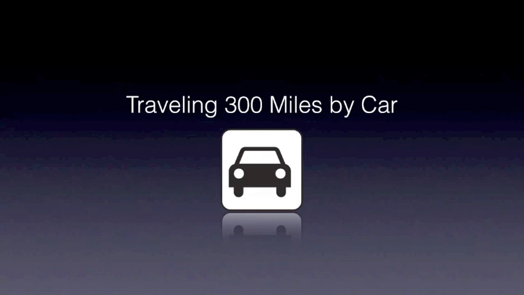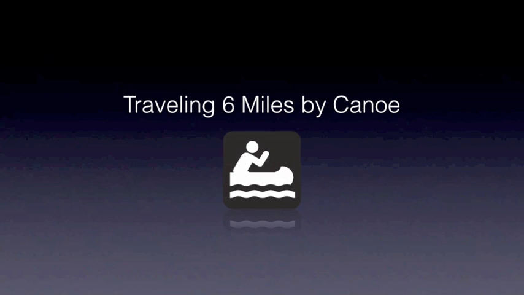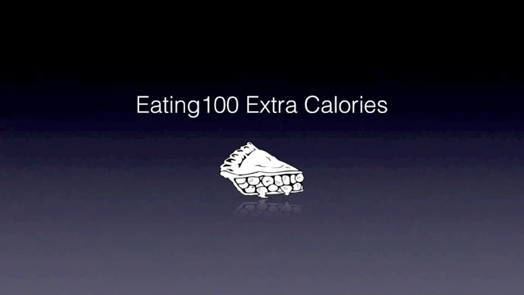Traveling 300 miles by car is also equal to 15 minutes. 10 miles by bicycle, 6 miles by canoe will give you 15 minutes of LLE. And if you're one of those who has the extra 15 pounds and you eat an additional 100 extra calories, that's about 15 minutes of LLE.